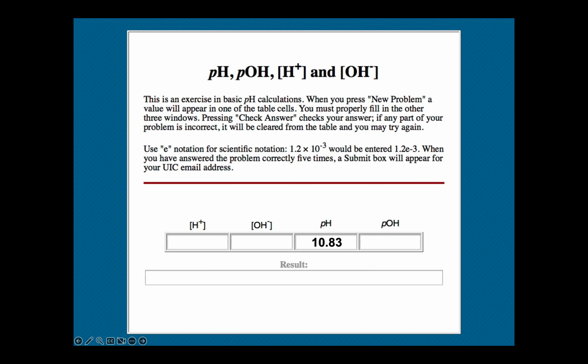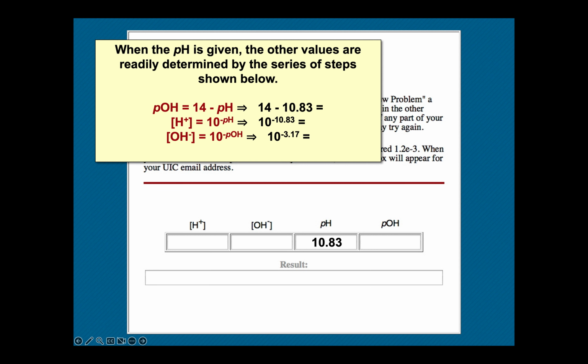First thing I would do is I would just say, well, pOH is going to be 14 minus that. 14 minus 10.83, whatever, 3.17. Now, if we know pH and pOH, 10 to the minus pH is hydronium, and 10 to the minus pOH is hydroxide.